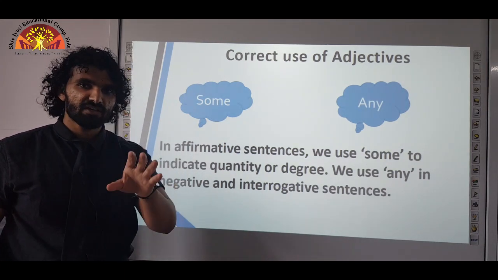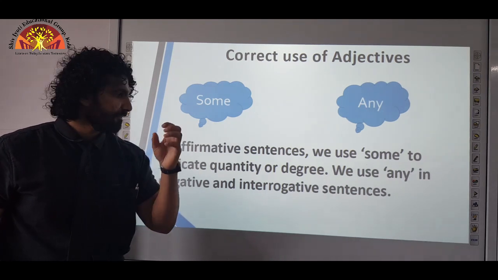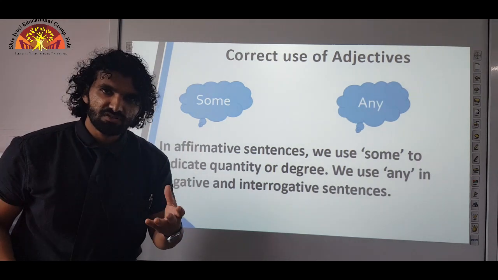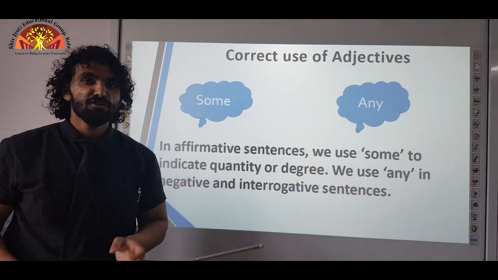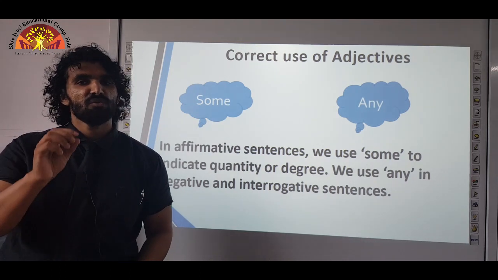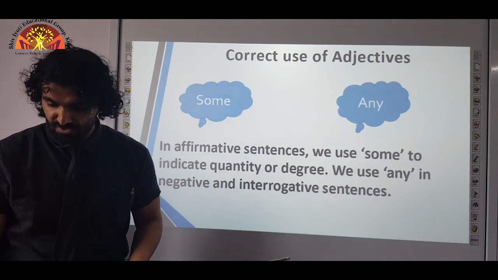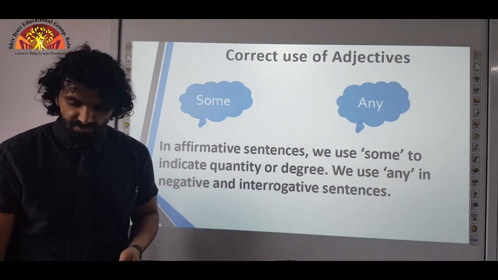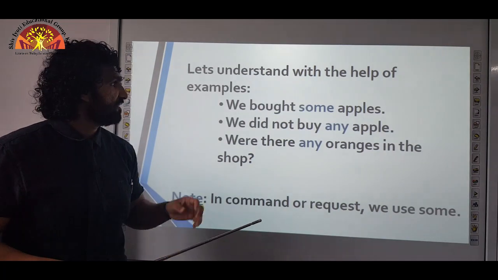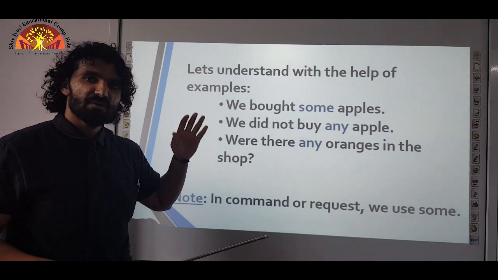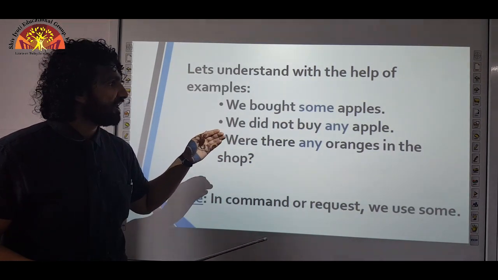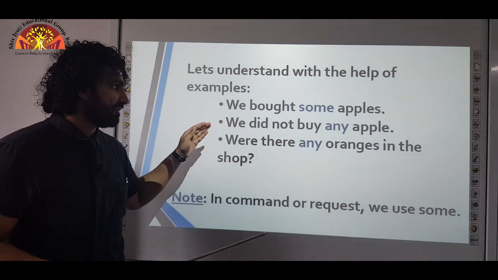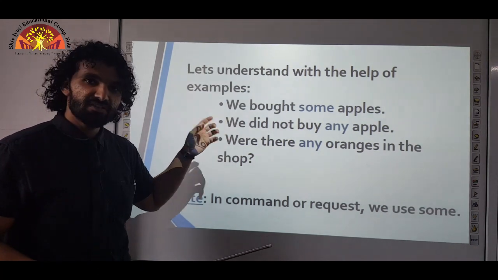And how can you recognize them? When somebody is asking you a question, that is an interrogative sentence. The way to identify it when it is presented to you in writing is that there will be a question mark. Okay. We bought some apples. This is an affirmative sentence. We did not buy any apple. Can you try to identify which sentence this is?